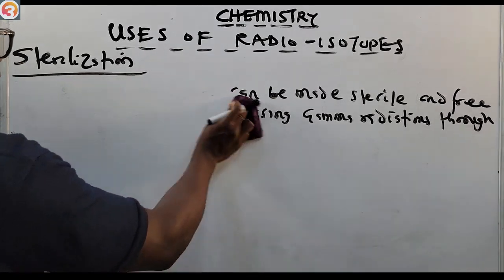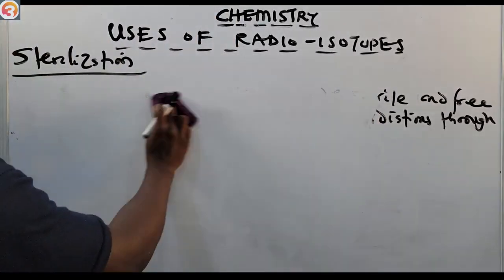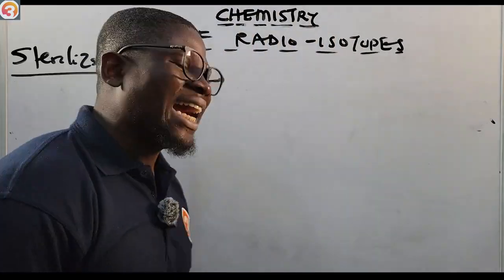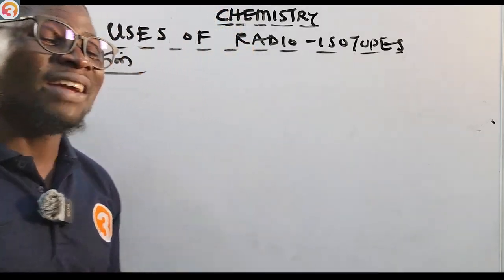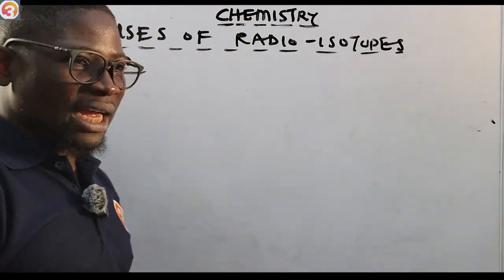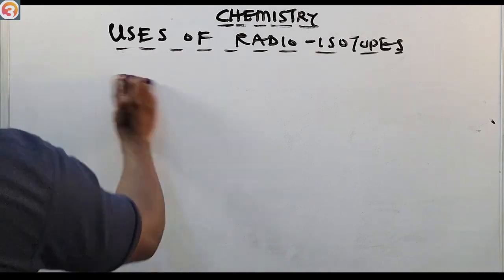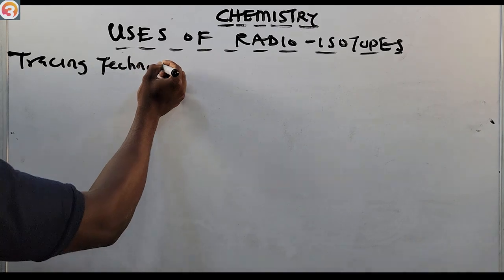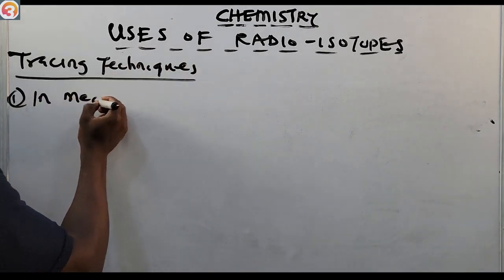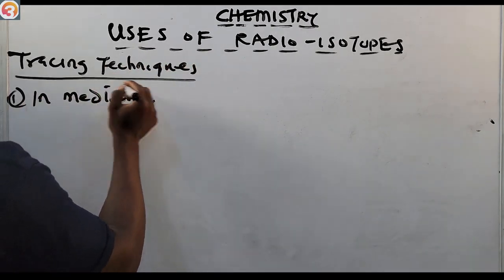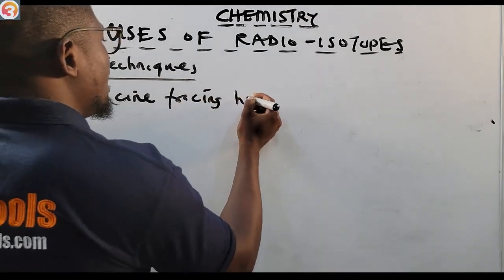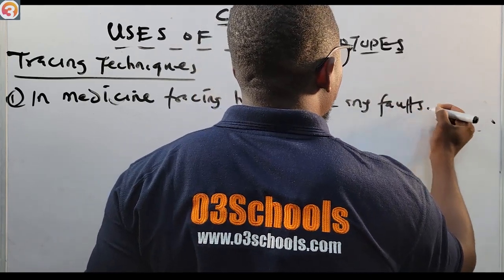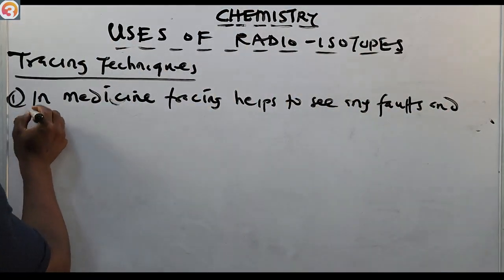In medicine, tracing helps to identify faults and abnormalities in organs. So let us see tracing techniques. In medicine, tracing helps to see any faults and abnormalities in organs.